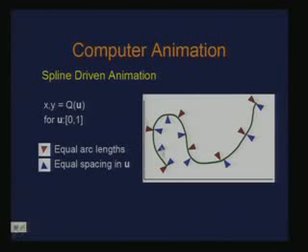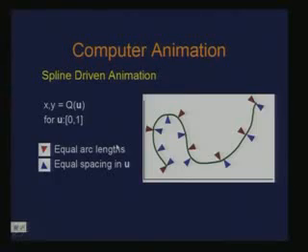No, because it's actually a polynomial in u, right? If we are talking about the cubic case, then it is something like a u cubed plus b u squared plus c u plus d. So clearly that is not the case. It's not a linear segment where we are trying to traverse. It's actually a curvilinear path.